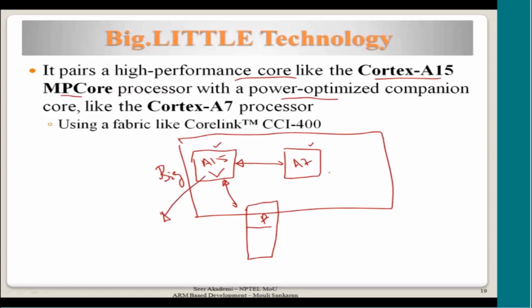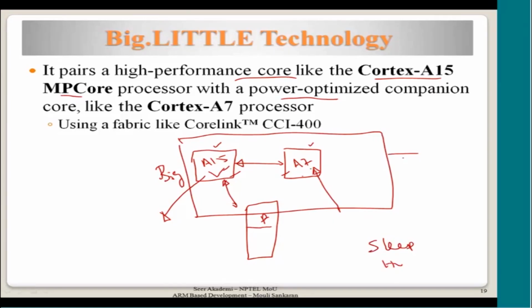Okay, whereas A7 is a low end, it's not as high performance as the A15 core, but it consumes less power. Now, if a solution has both cores in it and then an application based on the mode in it, you might have heard about sleep mode and hibernate mode and so many things, right? So it's all done to save battery.